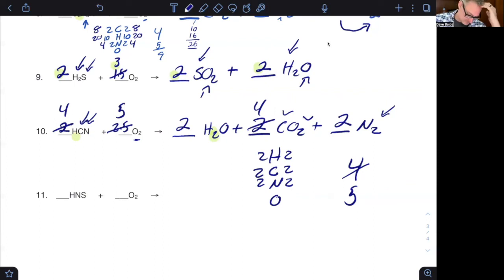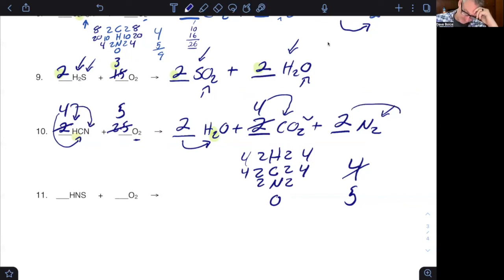Hydrogen, we have 4 now because we doubled it. 4 hydrogens, and 2 times 2 is 4, so 4 hydrogens on both sides. Carbon, we have 4 carbons, and on this side, all of our carbon is in the CO2. So 4 carbons. Nitrogen, we have 4 nitrogens, and 2 times 2 is 4, so 4 nitrogens on both sides.